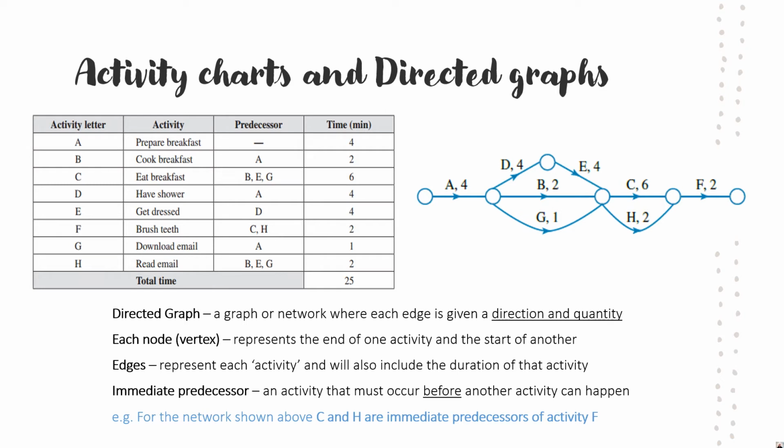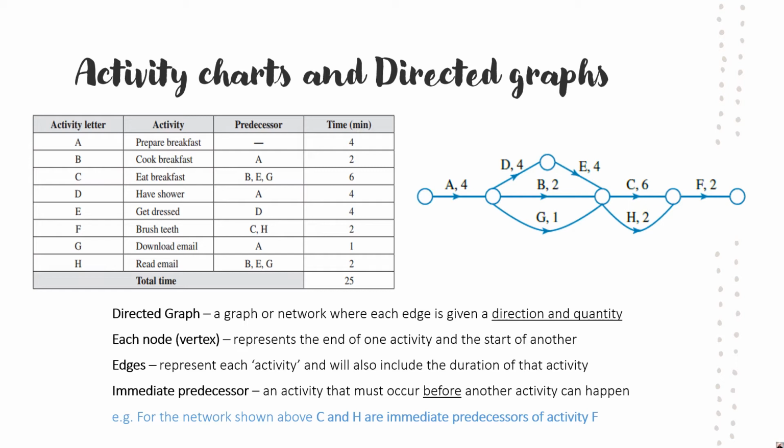So here the activities are basically getting up in the morning. We have preparing breakfast, cooking it, eating it, showering, getting dressed, etc. What you have on one column here is what's called the predecessor. So the immediate predecessors are an activity that must occur before another activity can happen. So for example, we have to prepare breakfast.